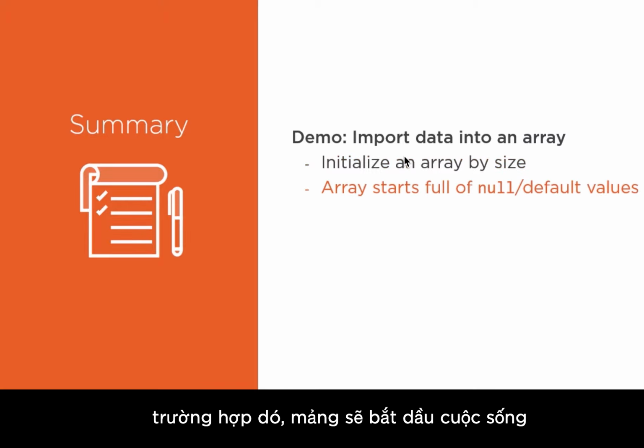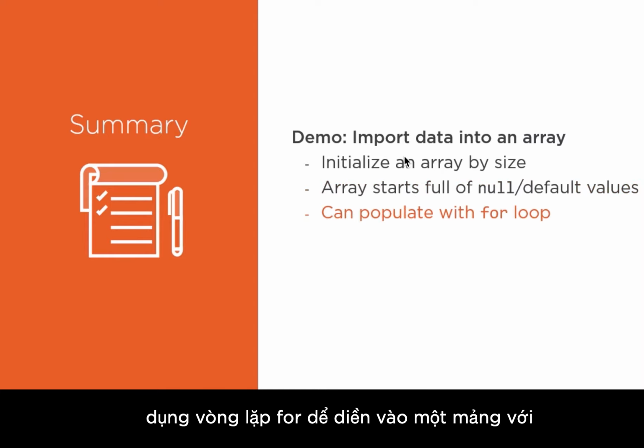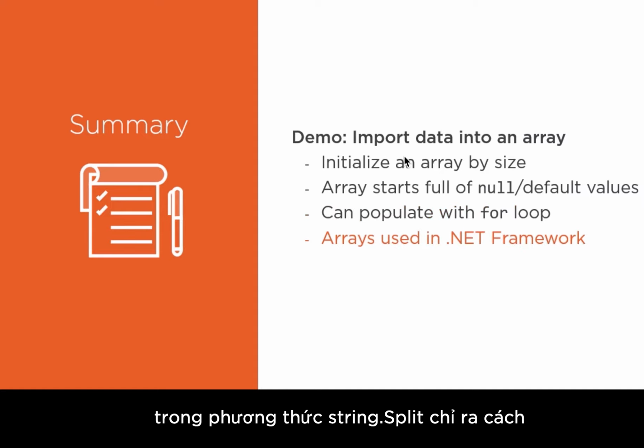And in that case, the array will start life full of default values. You can use a for loop to populate an array with values, and you've also seen an example in the string.Split method that points towards how .NET itself uses arrays extensively, so you will often encounter them even if you weren't intending to use them.